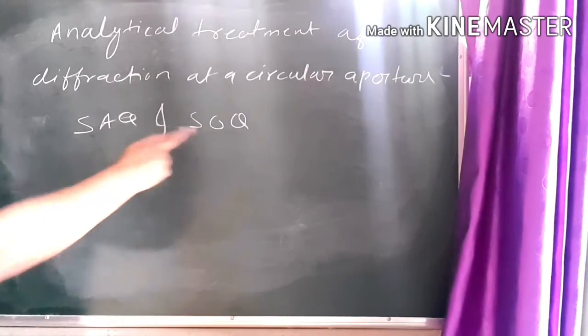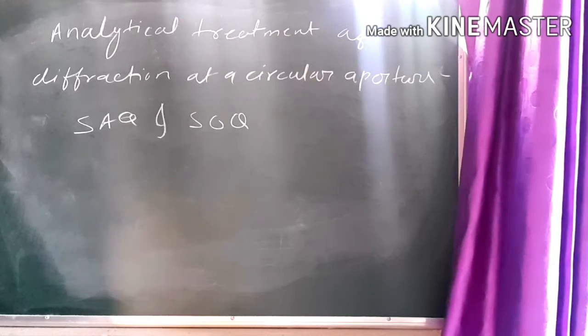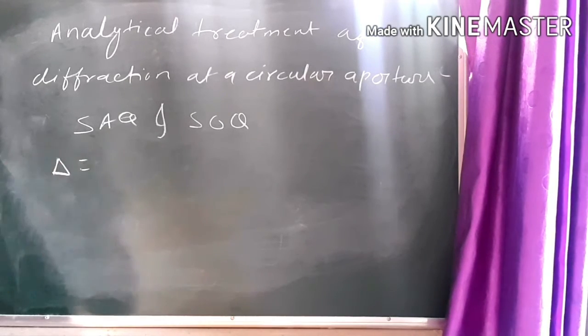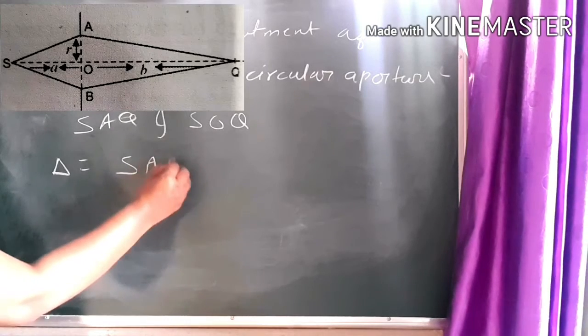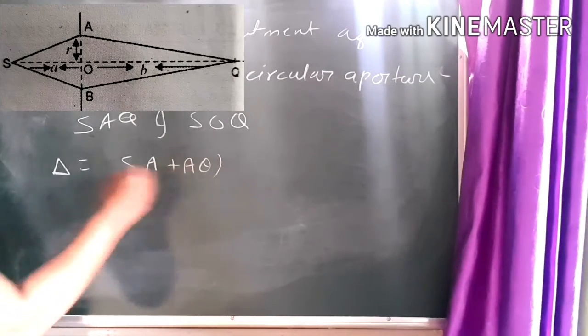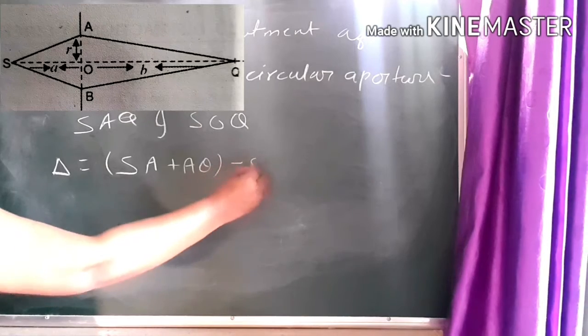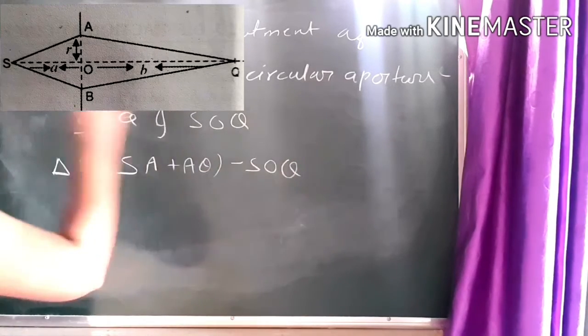We have to find the path difference between these two rays. The path difference is SA plus AQ minus SOQ.